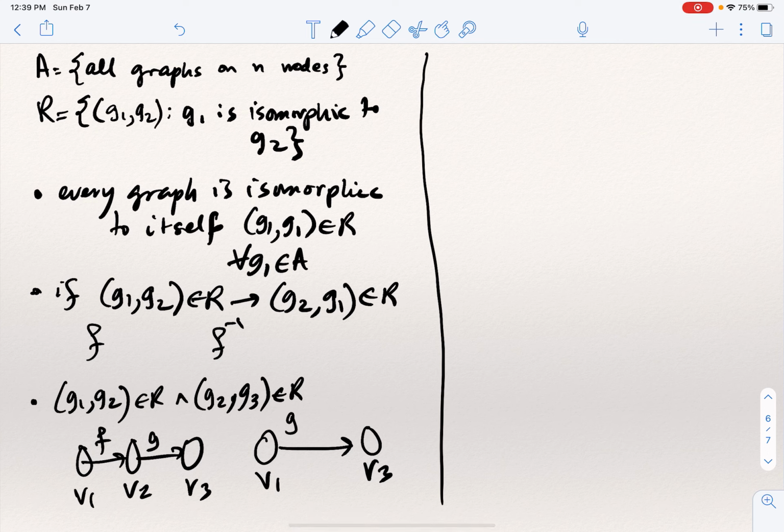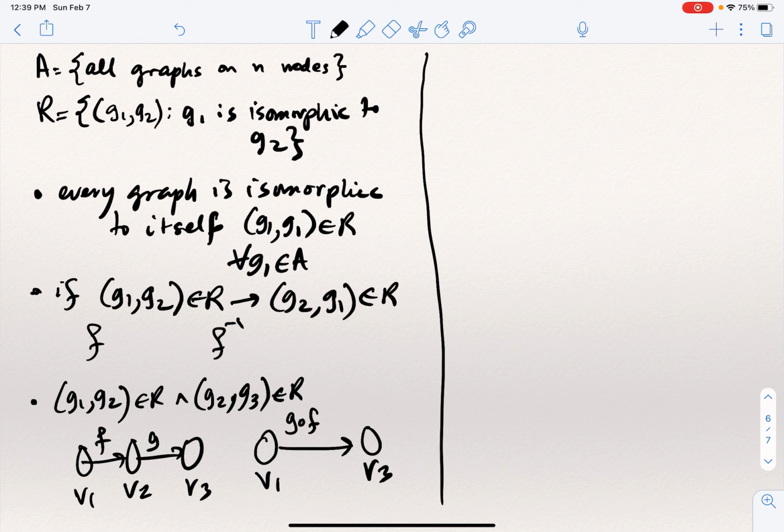You apply f first, which takes you from V1 to V2, then you apply g from V2 to V3. You get a bijection all the way from V1 to V3. So what did I show? That this relation R is reflexive, symmetric, and transitive, which means it is an equivalence relation. So graph isomorphism defines an equivalence relation on the set of graphs.